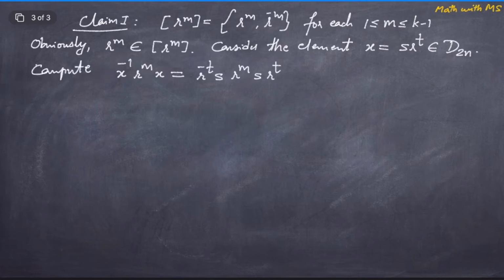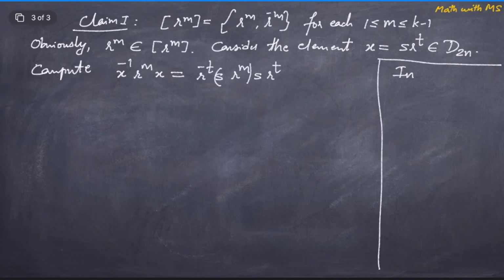We club s and r^m together. In D2n we have s r s equals r inverse.